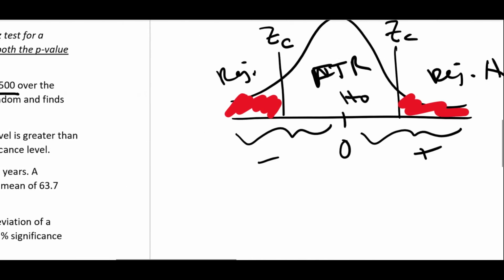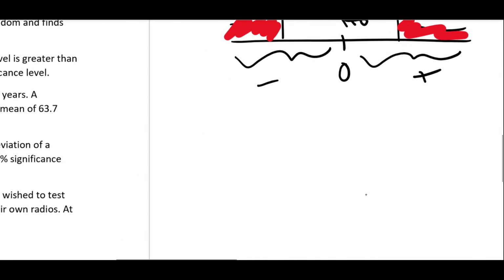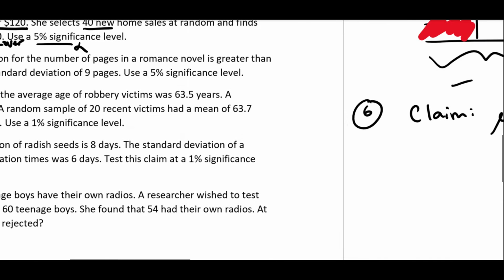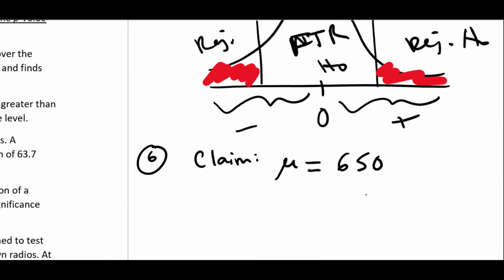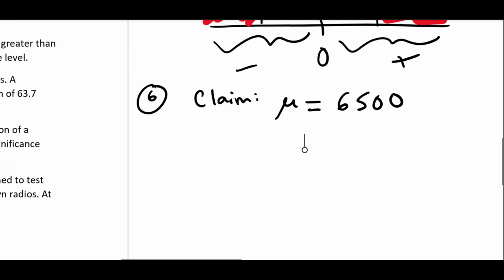Okay. So for number 6, we have that the claim is that the average closing cost is equal to $6,500 over the purchase price. That claim belongs to the null hypothesis because, remember, the null hypothesis is a statement of equality.